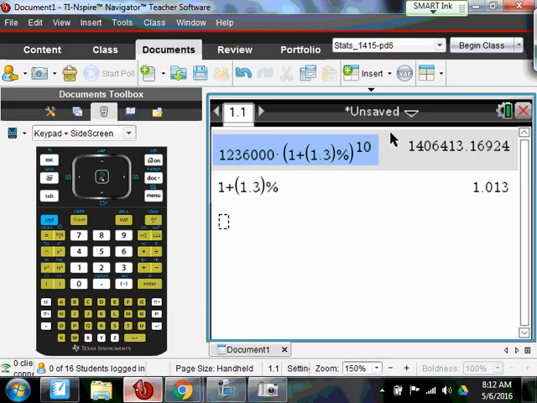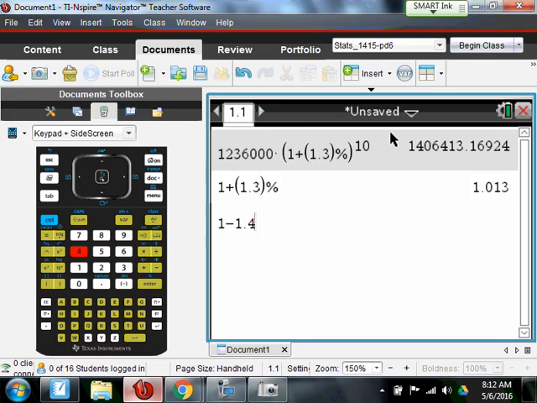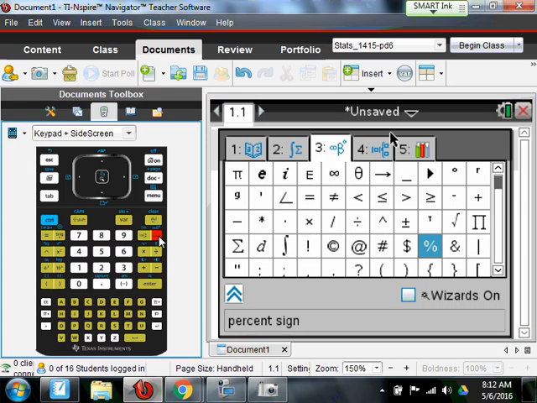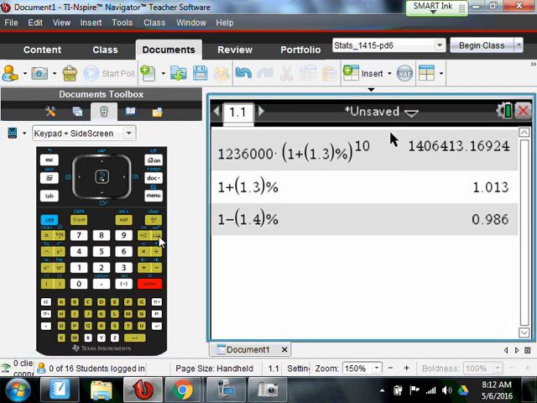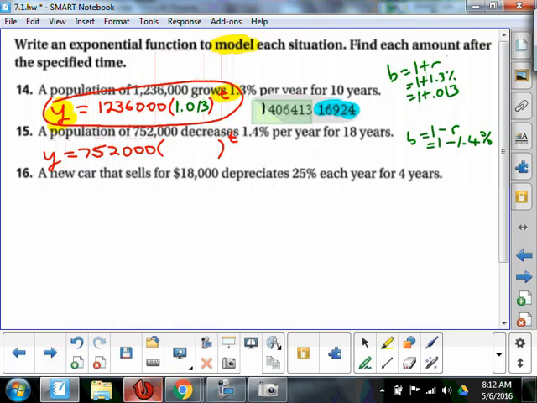Okay, so I'll go back to my Inspire. What was it? 1 minus 1.4%. So that's 0.986 is what we should be using for our b here. Okay, so again, this is the answer to the first half of the question.